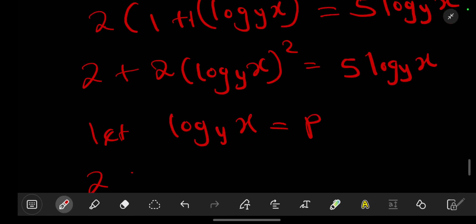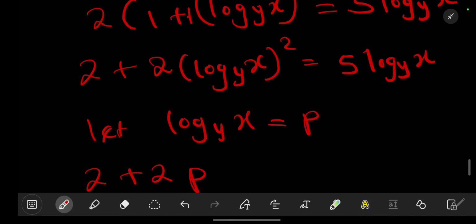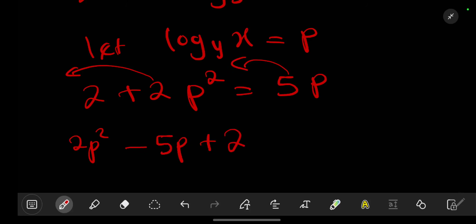So we are going to have 2 plus 2p squared should be equal to 5, then where there is this, we are going to have p like that. So we are going to just rearrange them properly. It will be 2p squared, this comes to this side, minus 5p plus 2. So this is the normal order of a quadratic equation like that.